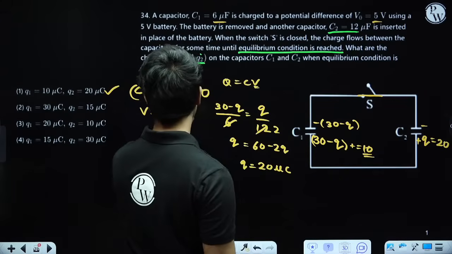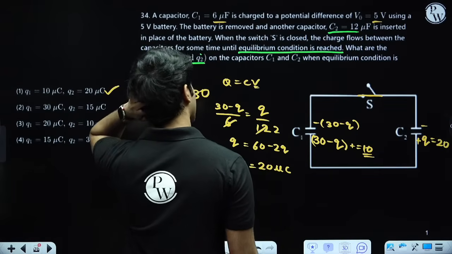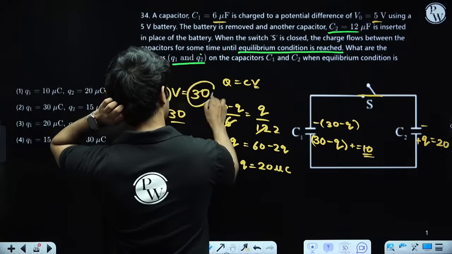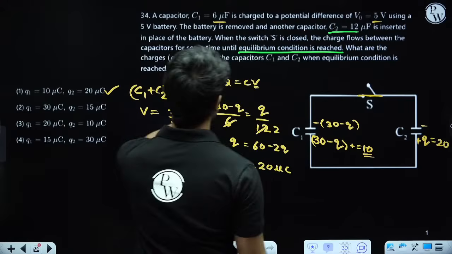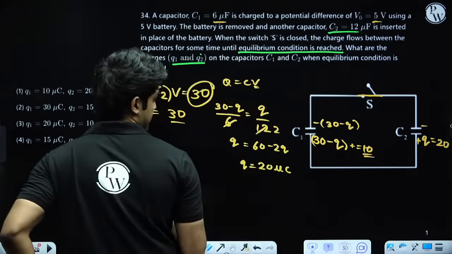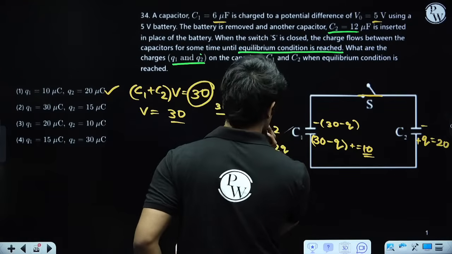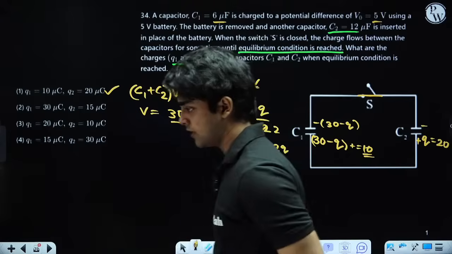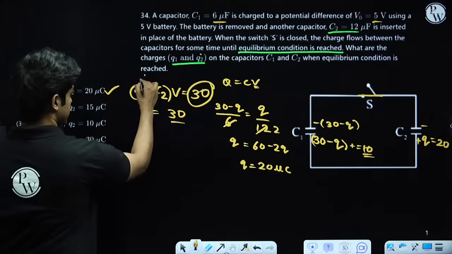C1 plus C2 into V is the final positive charge, and that will be equal to 30 itself, which is the initial charge. Yeah, we can use that. This is charge conservation itself.